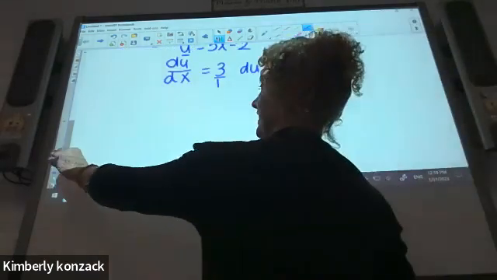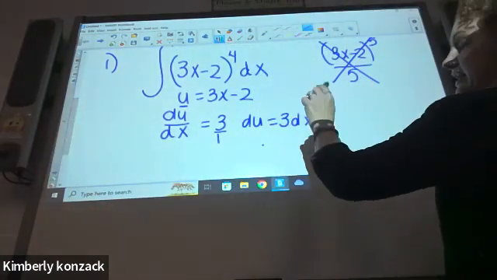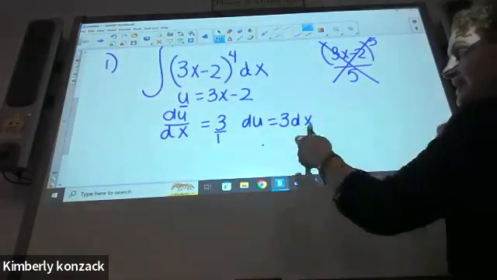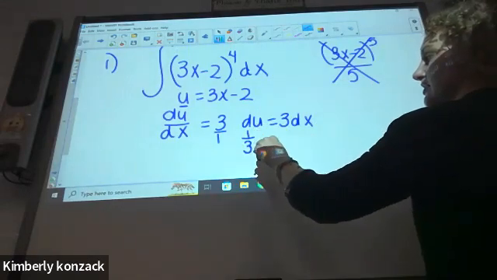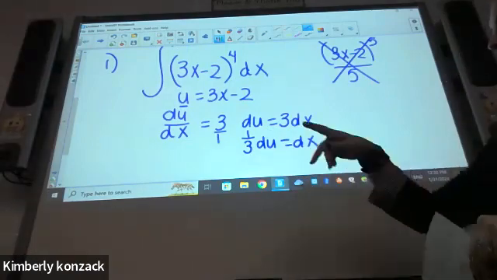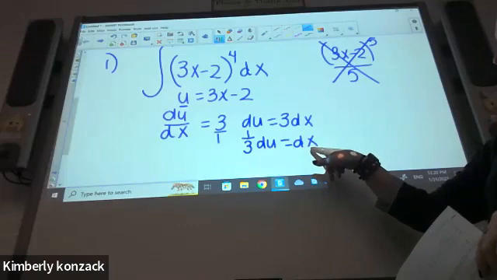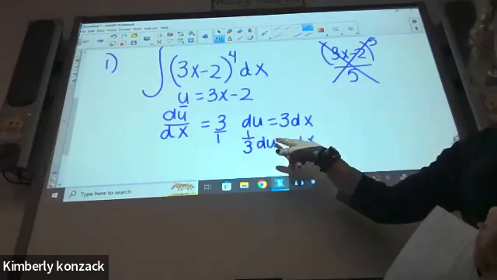My suggestion would be to make this a third du equals dx, meaning just divide by 3 on that side, because I'm going to replace dx with a third du.